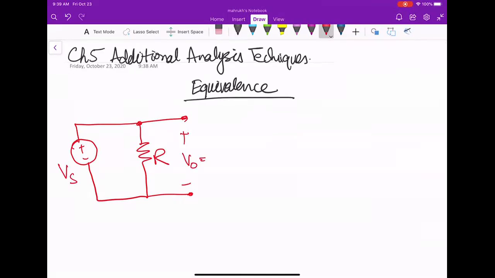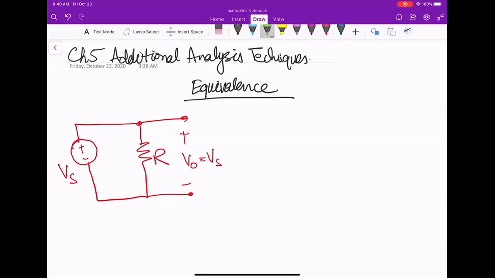So what will be the V naught voltage here? What do you think? Vs. Right. V naught is Vs.